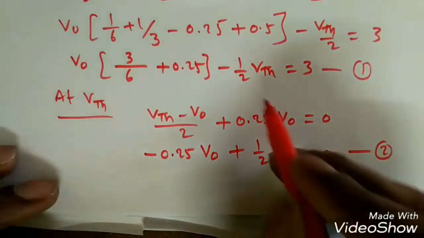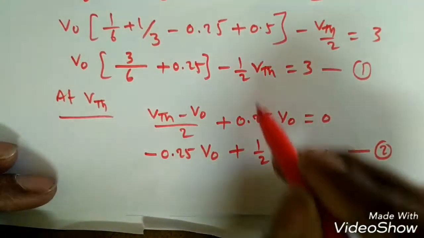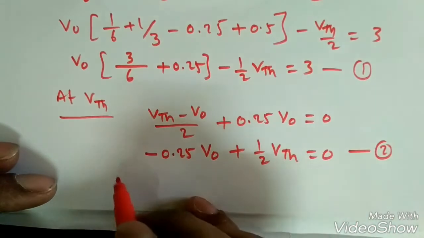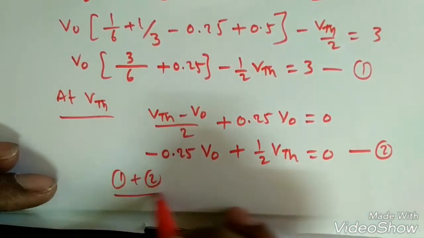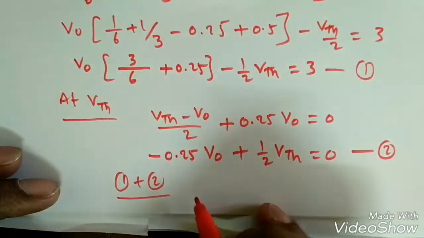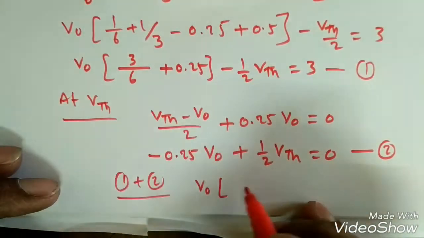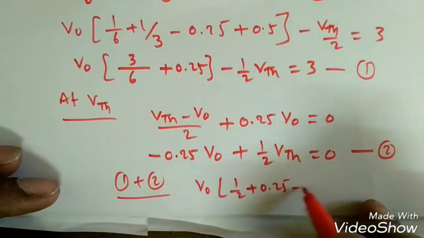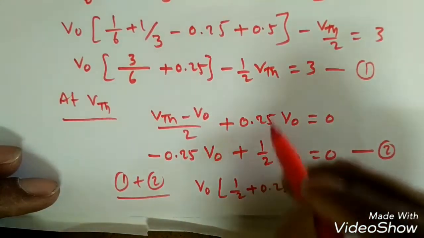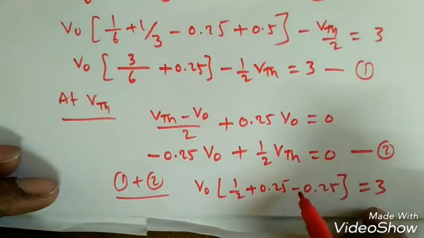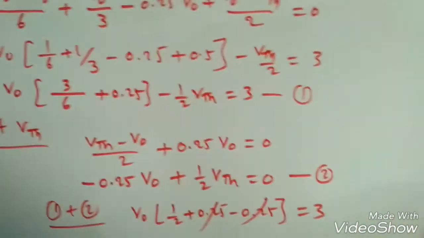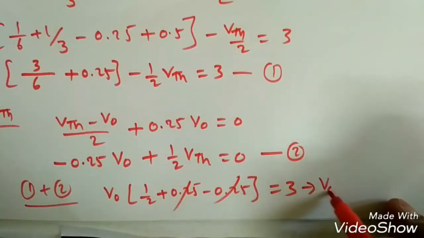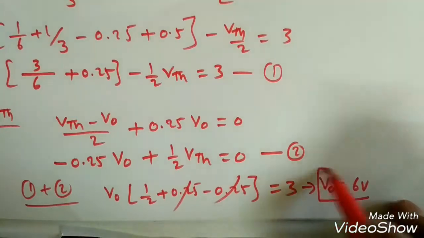Now how to solve? Minus 1 by 2 VTH and plus 1 by 2 VTH will be cancelled if I add 1 and 2. That means if I take V0 common, this is 3 by 6, that is 1 by 2, plus 0.25 minus 0.25, this will be cancelled, is equal to 3. So directly V0 is equal to 6 volt.